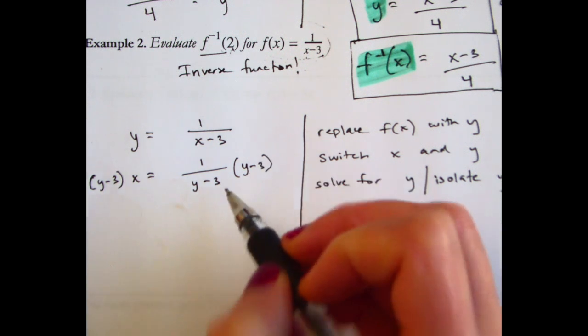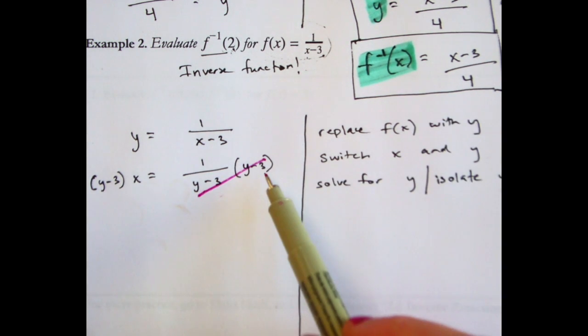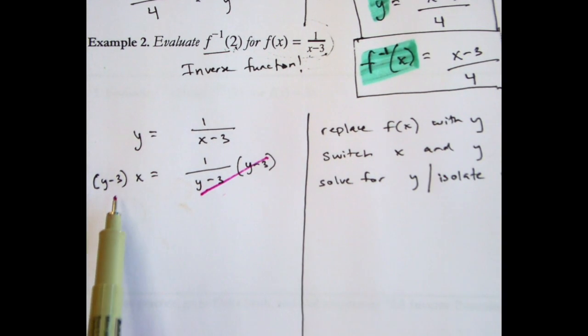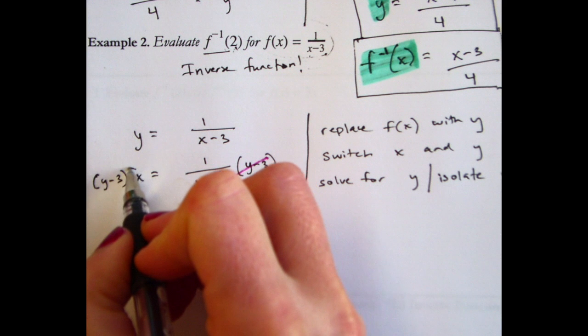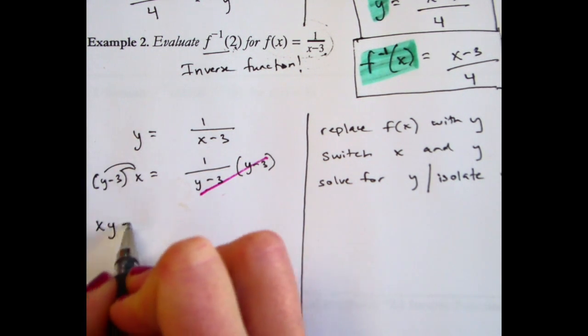But whatever I do to one side, I have to also do to the other, which is why I also multiplied the y minus 3 over here. Then I can just distribute my x. So I'm going to get xy minus 3x equals 1.